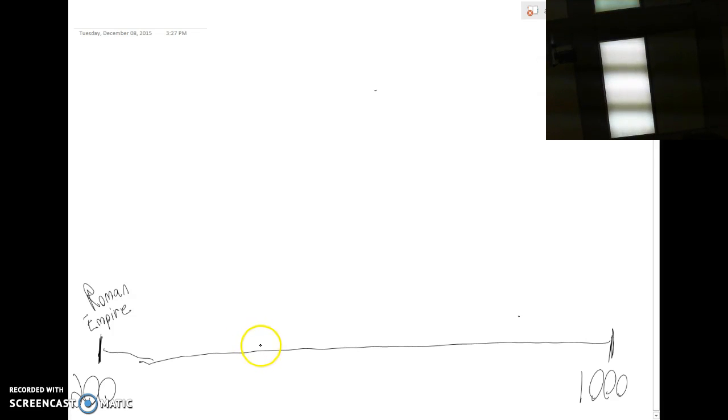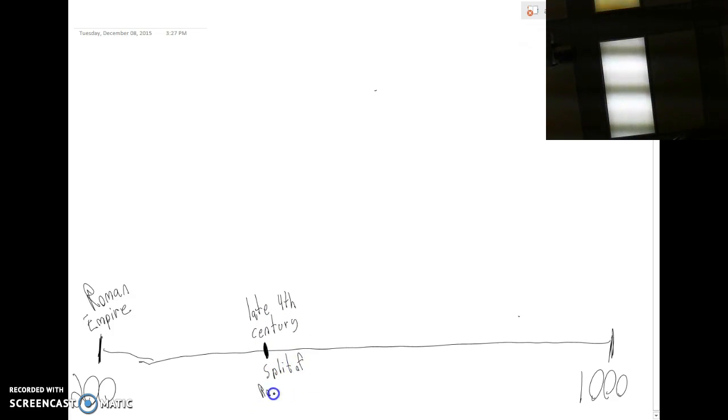So this happens towards the end of the 4th century. So in the late 4th century here, we'll just call this the split of Roman Empire into East and West.